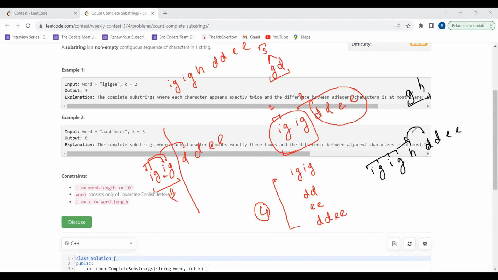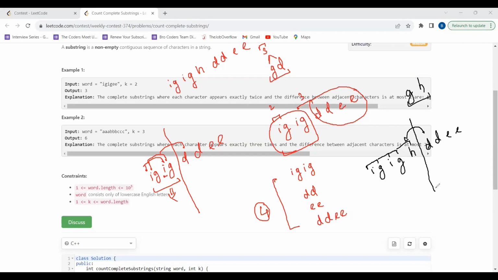So what we'll need to do is make a partition between H and D. I'm not saying that the first partition is a complete substring.